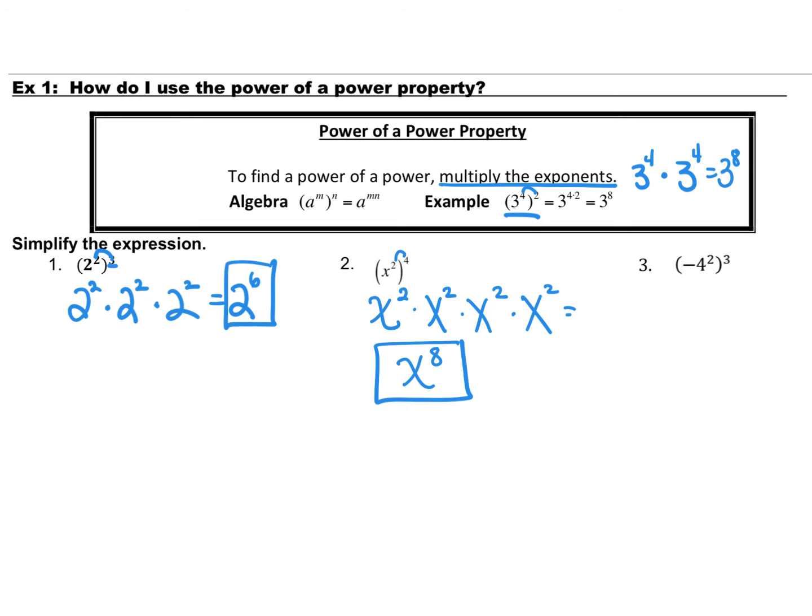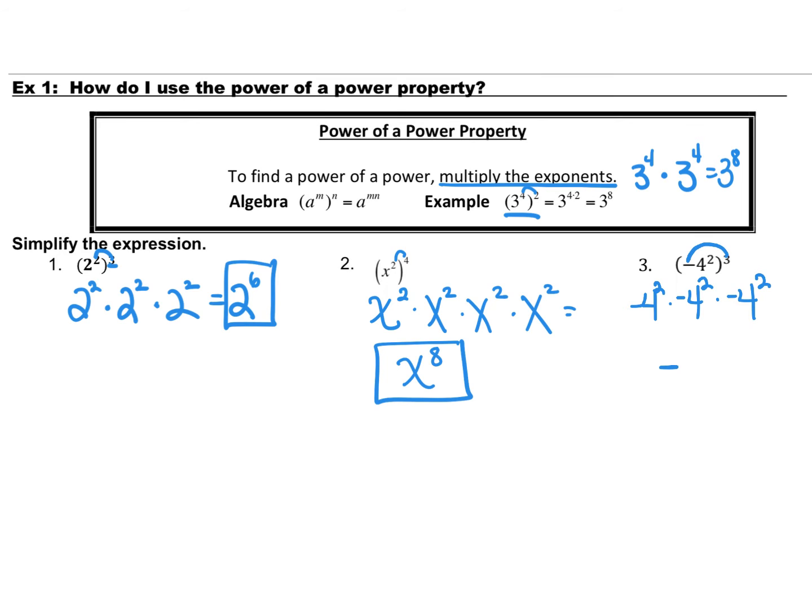Now for question number 3, we have these negatives. All right, question number 3, I have negative 4 squared to the 3rd power. So what that would look like is I'd have this negative 4 squared times negative 4 squared times negative 4 squared. Now I have a negative times a negative, and that would be a positive times a negative. It's going to be a negative answer because I have 3 of these.